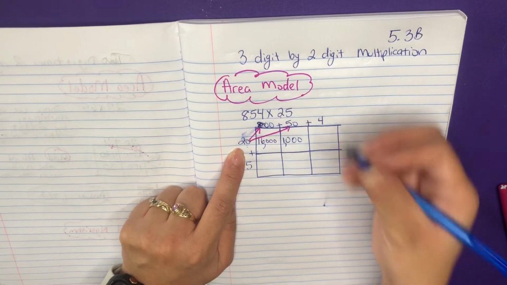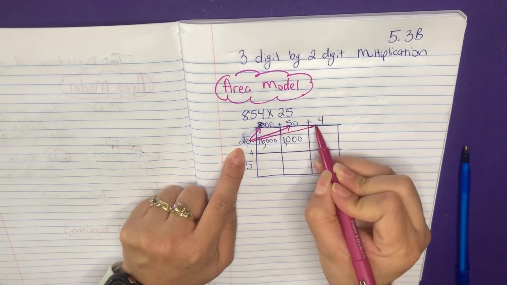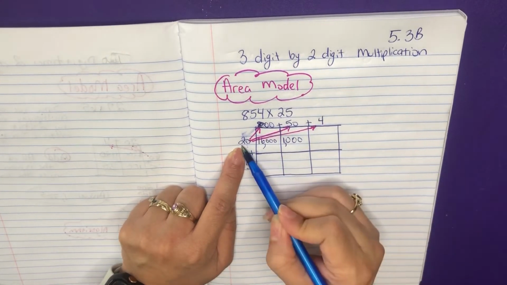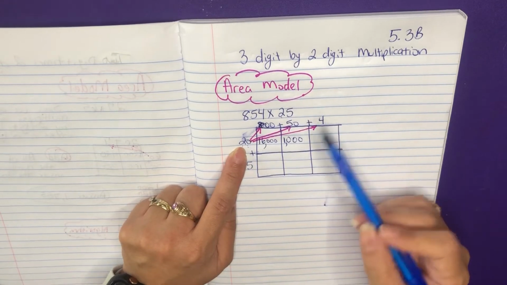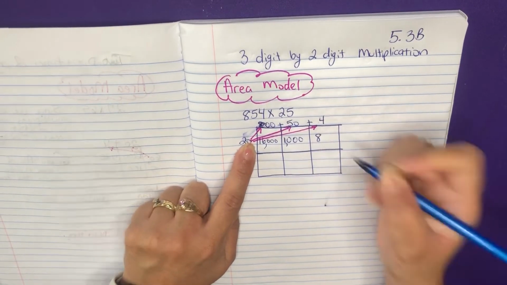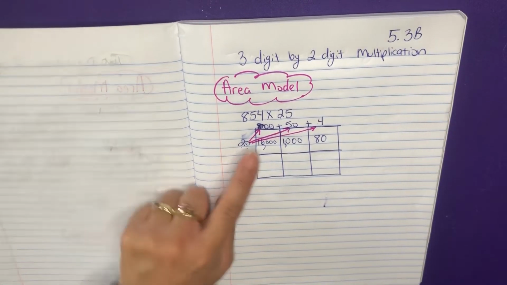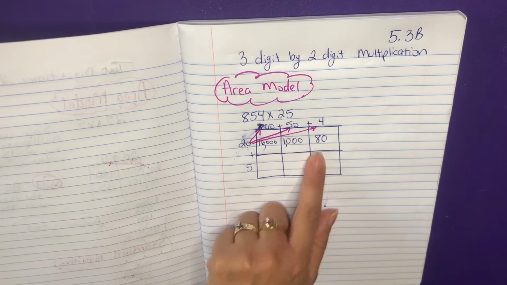Okay? Now, again, we're still doing top to top. 20 times 4. Cover the 0 if you want. What's 2 times 4? 8. That's correct. And then the 0? 80. So 20 times 4 is 80.